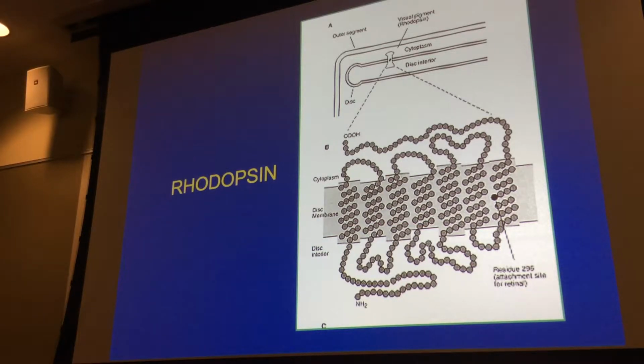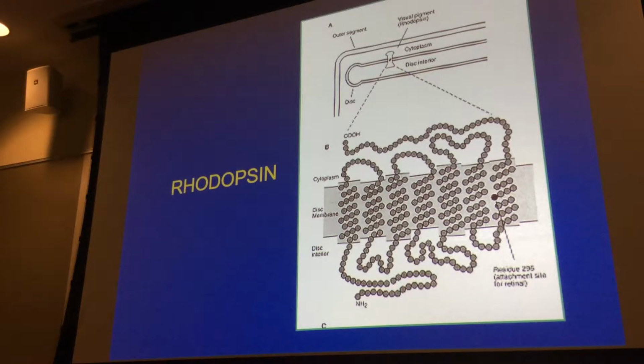So this was the only receptor of this particular type that had been known for many, many years, and there was no reason to suspect that rhodopsin was really a prototype of any kind of superfamily of receptors. In those days, receptors were defined by their pharmacological characteristics, not by their signal transduction characteristics.